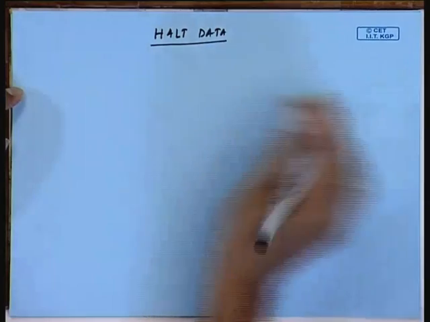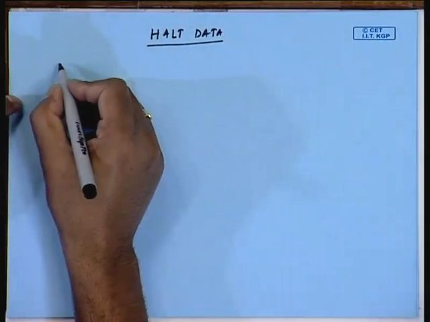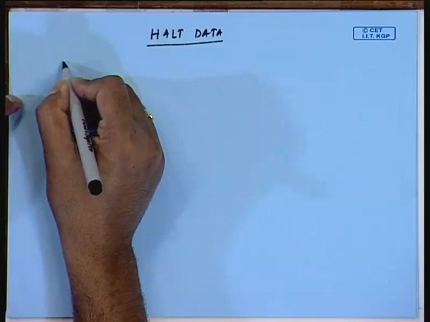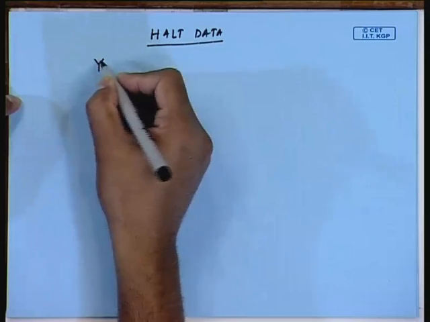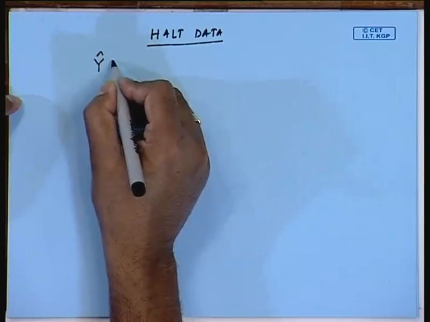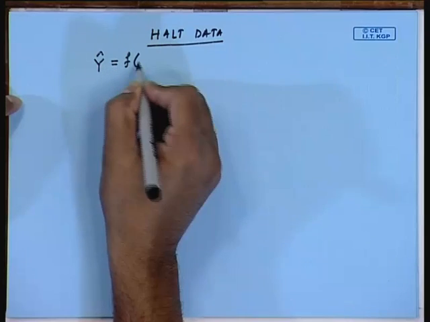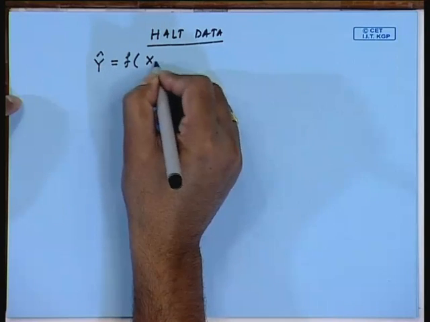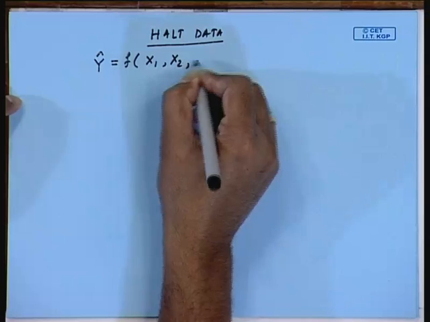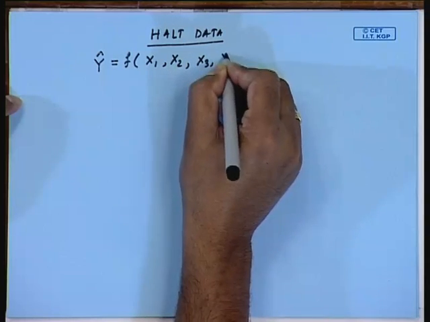Okay. So, we start with the full model. So, we will first fit y as a function of all the 4 regressor variables x1, x2, x3, x4.